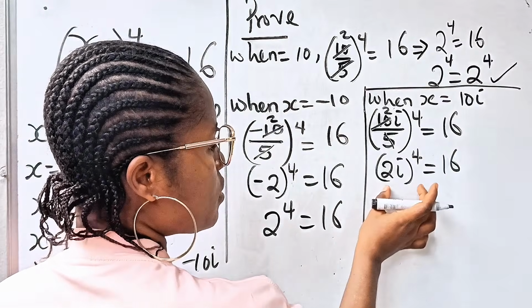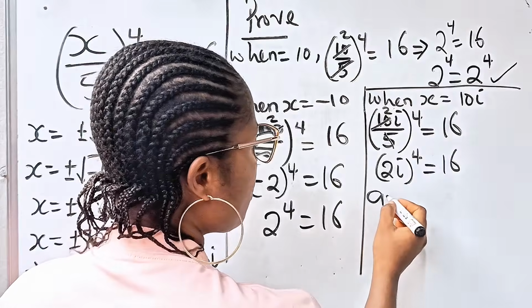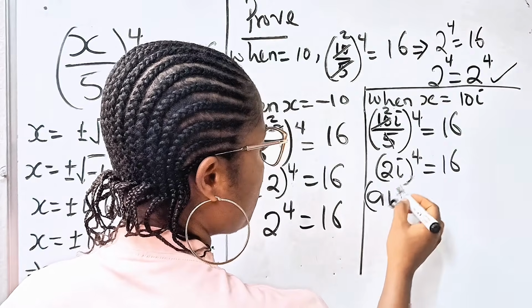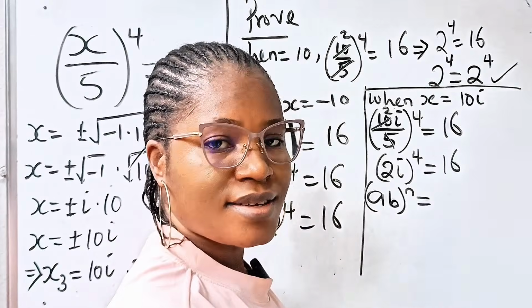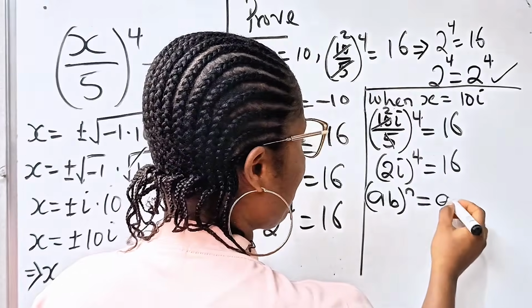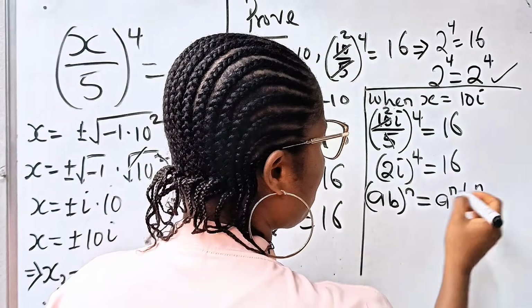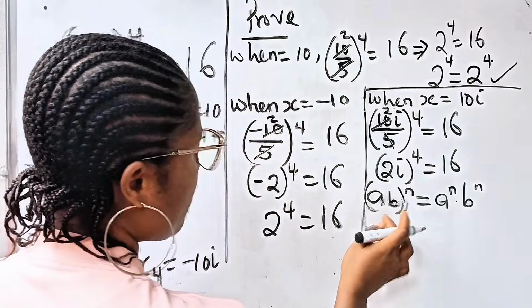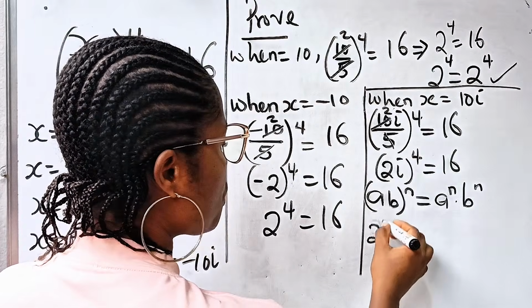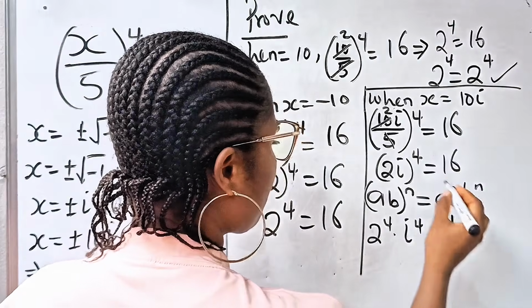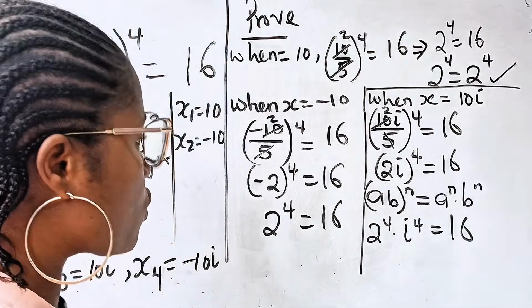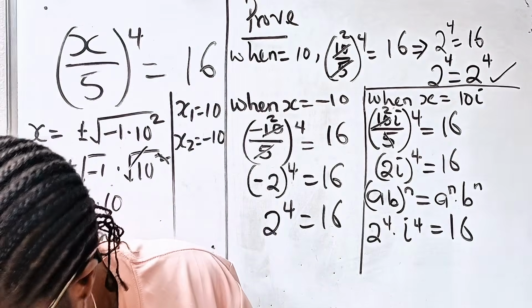Now we can open this bracket because a multiplied by b raised to the power of n is the same as a to the power of n multiplied by b to the power of n. Therefore, we can write this as 2 to the power of 4 multiplied by i to the power of 4 is 16. Now, 2 to the power of 4 is 16.